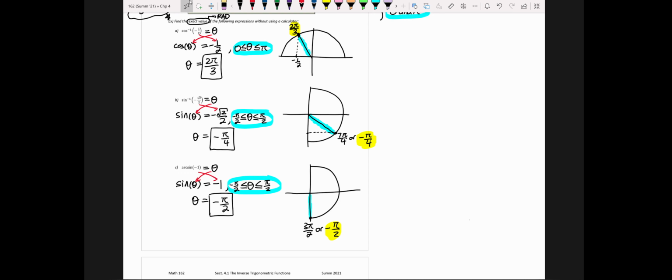Then we drew our circle to find the angle that satisfies the equation that also lives in the restriction. So there's two things we need to check for. Theta needs to satisfy the equation and it needs to live in the restriction. If it satisfies both, then that's the answer for your inverse trig function.